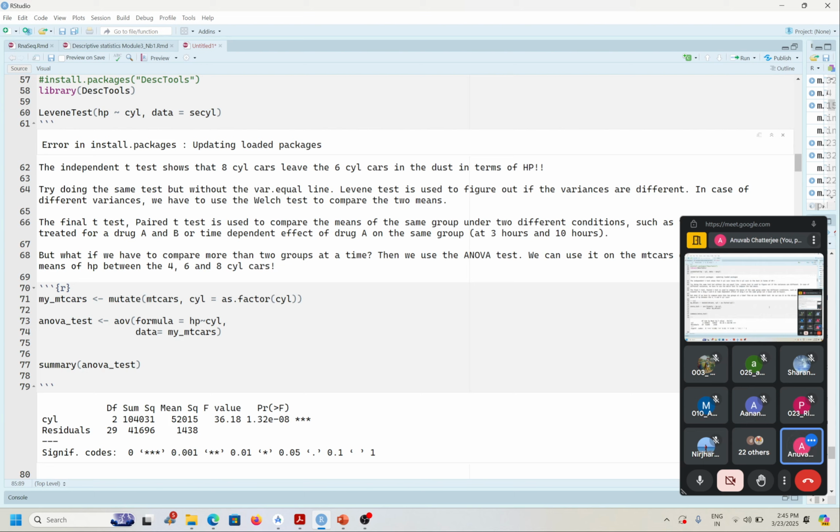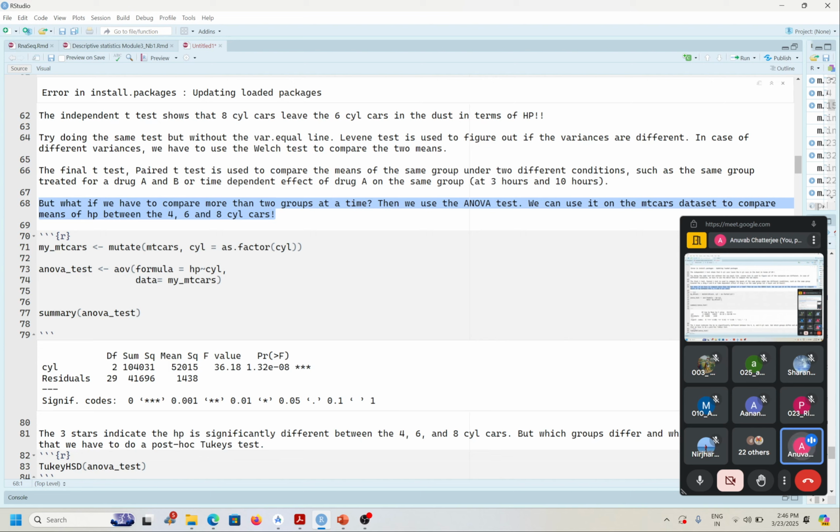The example we are looking at was the means of HP, and the differences between the groups, the 4, 6 and 8 cylinder cars. So in ANOVA you can compare more than two groups and do it very easily. The function that we used was AOV.